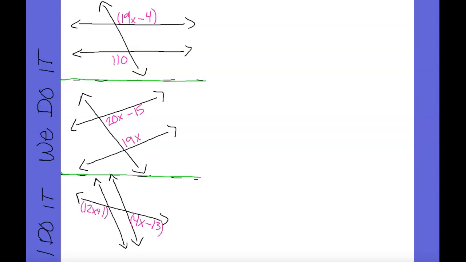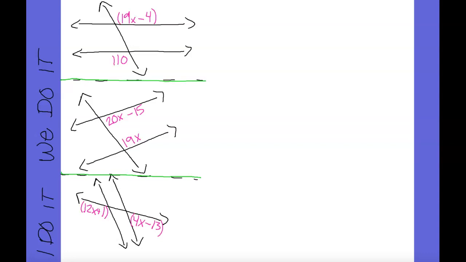So if they are on the opposite side, that means I have two options. Alternate interior, alternate exterior. Are they both on the inside or outside? Outside. So what do their angles equal? Do they equal each other or supplementary? Guys, stop looking at me.